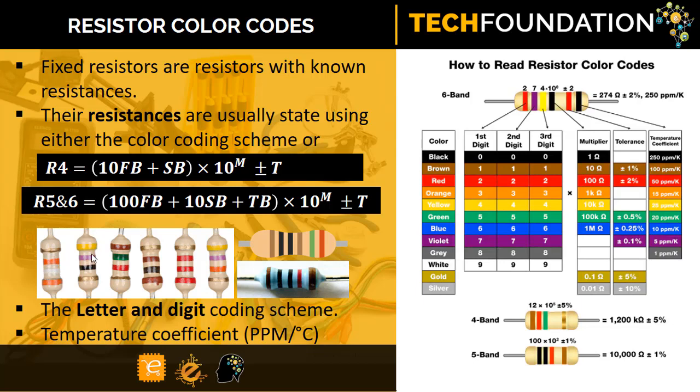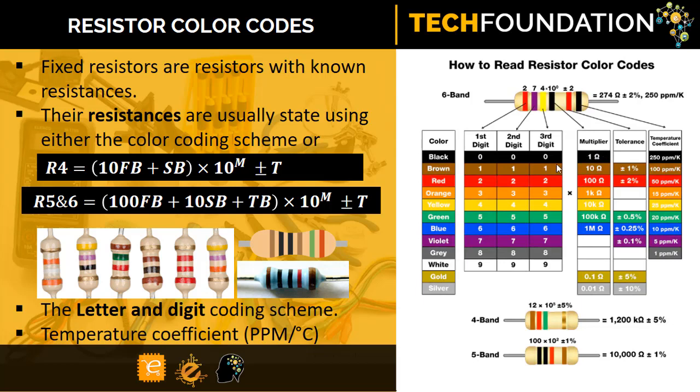Now let's look at this one too. We have yellow, violet, black. Now if we go to the table, yellow is 4, so we multiply it by 10, making 40, plus violet is 7, so that gives us 47. Now the third band is black, and because this is a 4-band, the third band is a multiplier, and black as a multiplier is 10 raised to the power 0, which will give us 1.